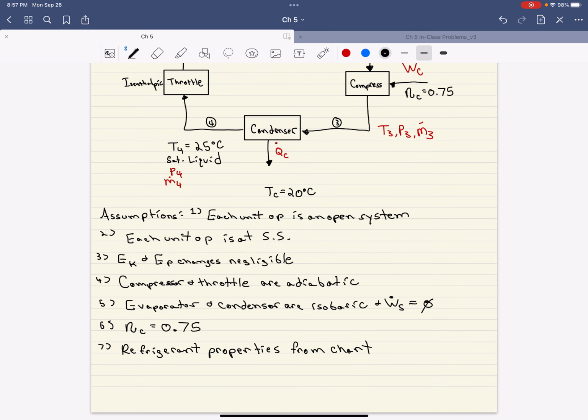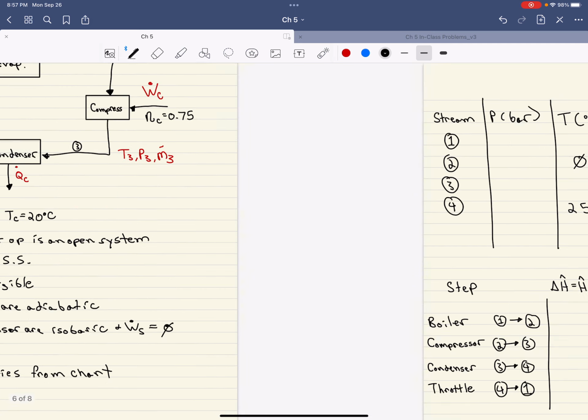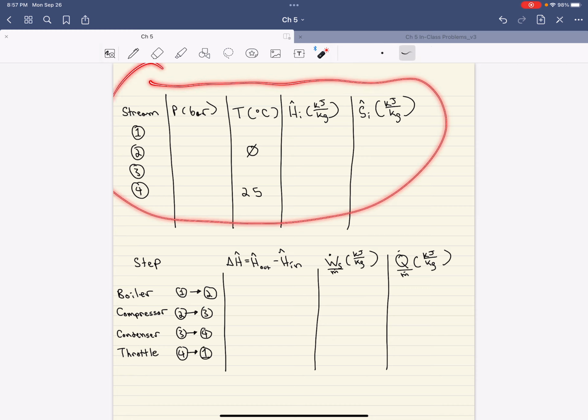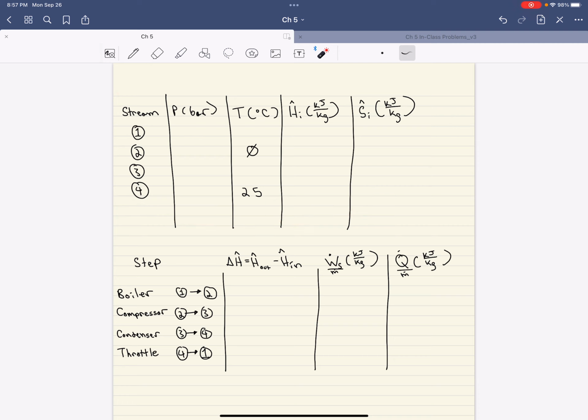And before we start our material balances, once again, in this problem, we're going to be dealing with quite a bit of information. And so before we start dealing with all this information, what we want to do is set up a table that will allow us to organize all of it. And so once again, I recommend setting up two different types of table. The first table is going to list all of your different streams.